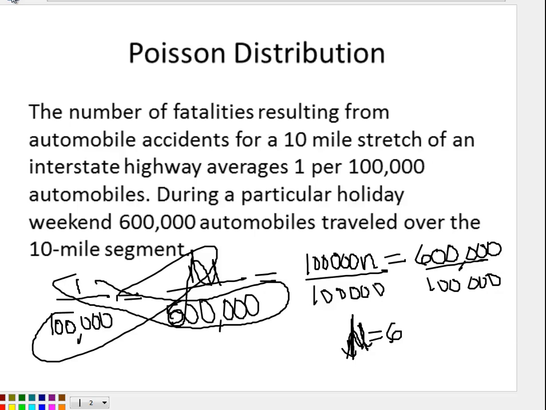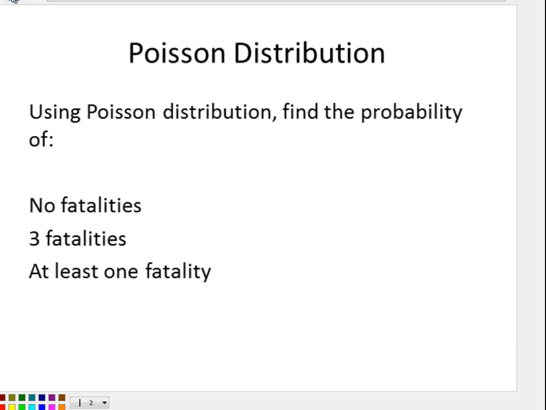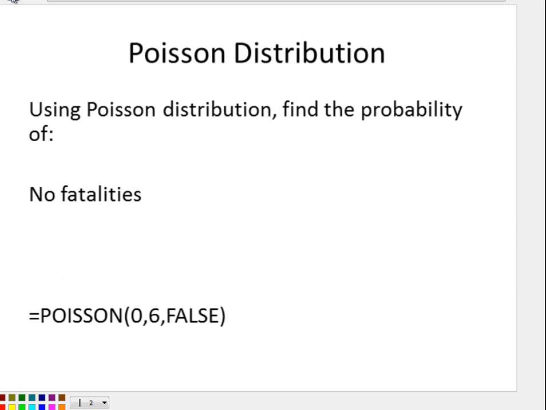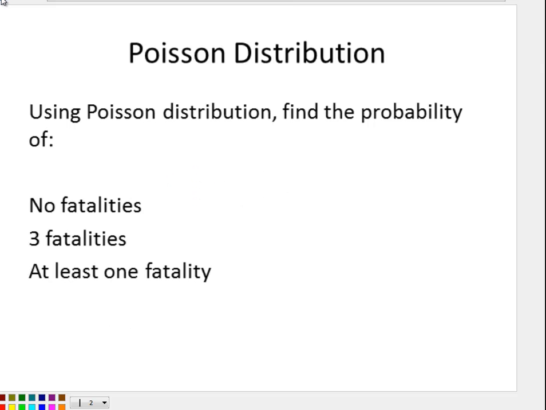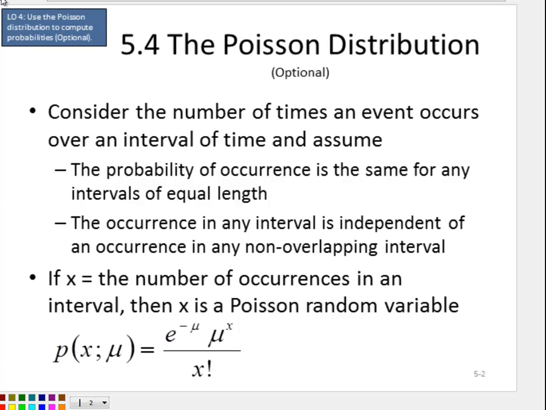All right. So in this problem, we want the probability that there's no fatalities. So let x be equal to 0. We're going to plug everything back into the formula. So we go back to the formula. We have x, in this case is 0, and we have the mean, which is 6. So all we have to do is plug these numbers back in.